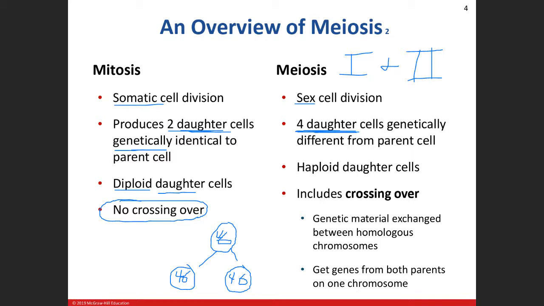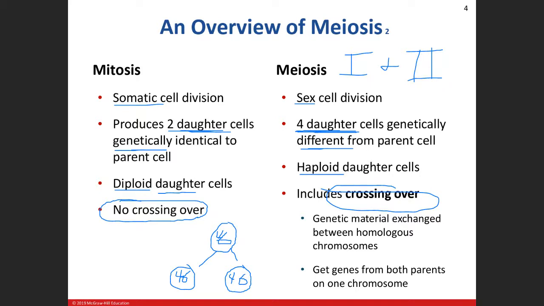But they are genetically different from the parent cell. Part of that has to do with that crossing over. But they're different, which is good. At the end, we'll have 4 daughter cells, and all of those daughter cells will be haploid.